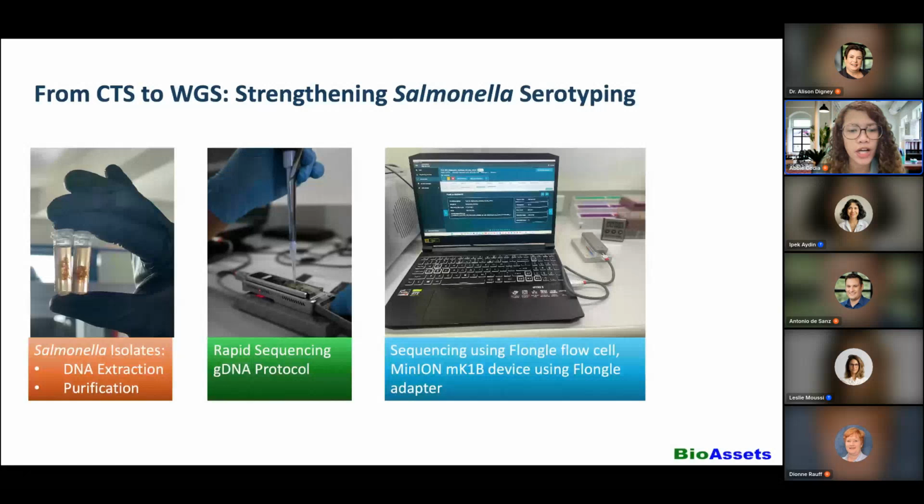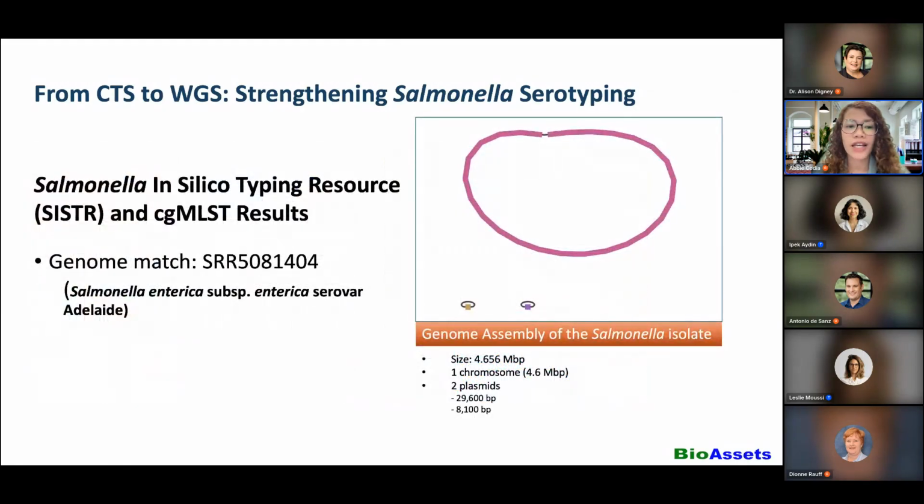Here's the process. We have the DNA extracted, purified, and then subjected to the rapid sequencing DNA protocol, and then sequenced using a flow cell with the adapter. And from there, we identified that the salmonella that we have is really Salmonella enterica.